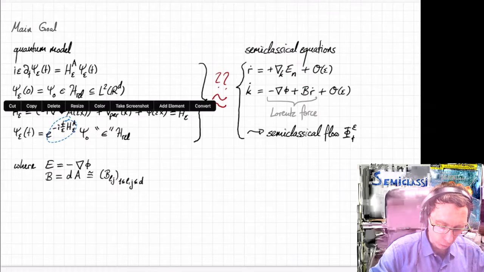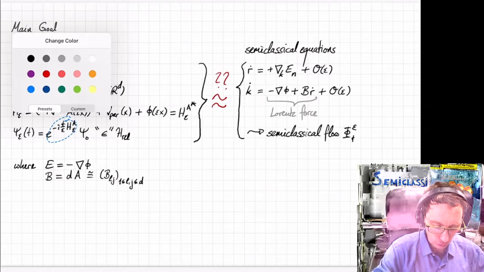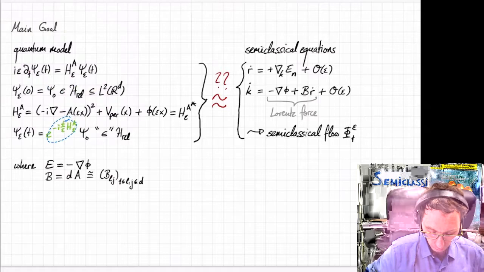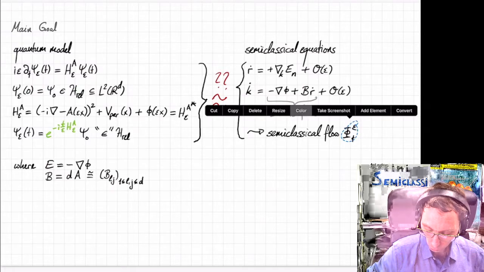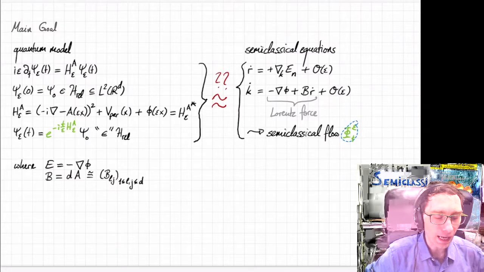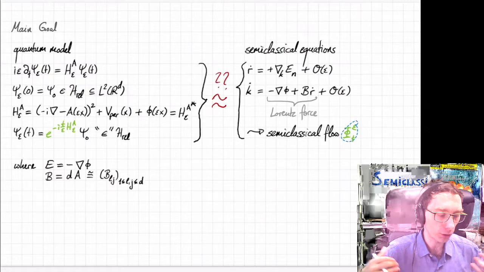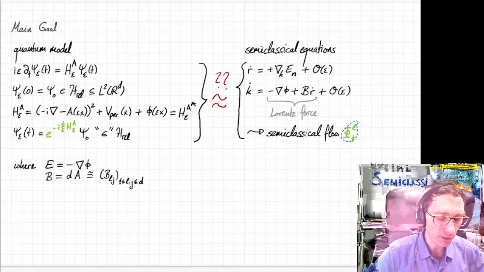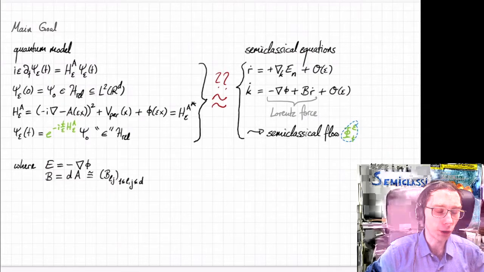So on the quantum side, the dynamics are given by the unitary evolution group. So let's color this in green. And the semi-classical analog is the flow. So the flow acts on, in this case, a cotangent bundle, a symplectic space, whereas the unitary evolution group acts on a Hilbert space.